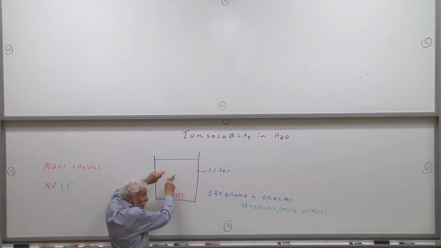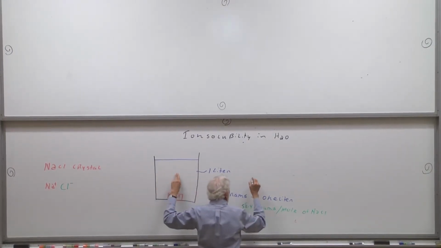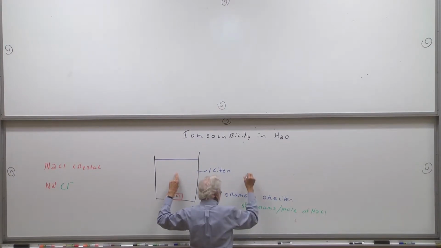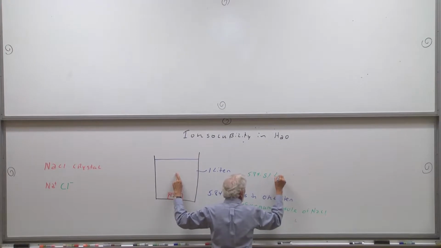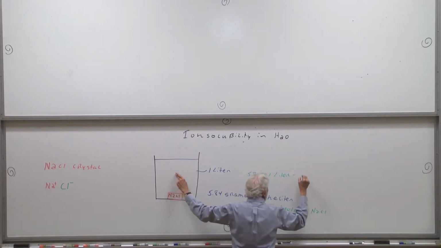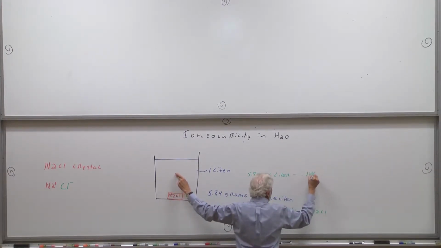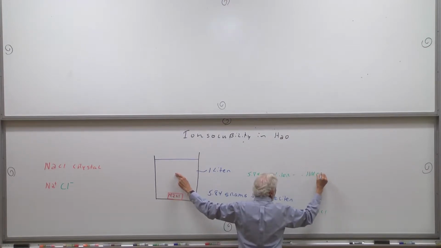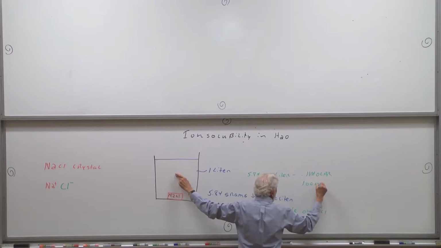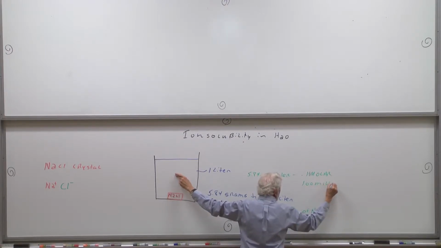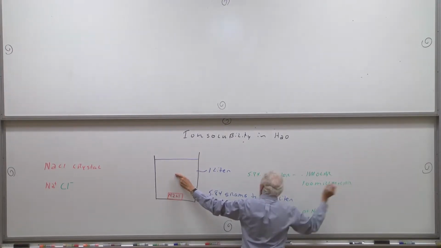We're going to put it in a liter of water so that we get 5.84 grams per liter. And this comes out to 0.1 molar, which is the same as 100 millimolar.